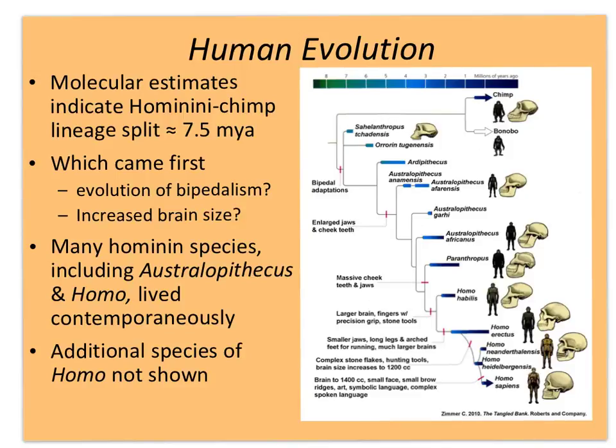Well, they were fused together. Now, when that happened, no one knows, but certainly the lineage that led to modern humans included that event. The lineage that led to modern humans and chimpanzees probably split about 7 million years ago.